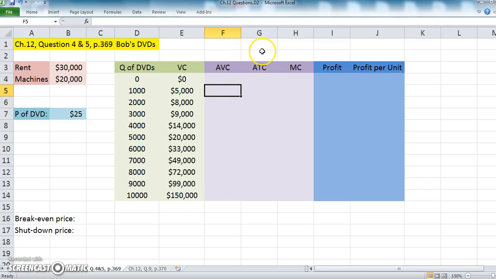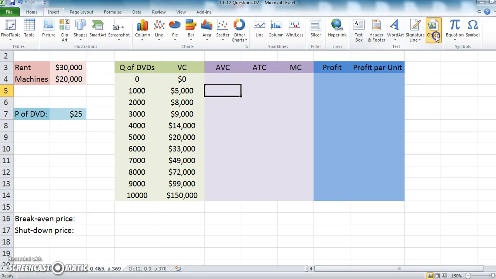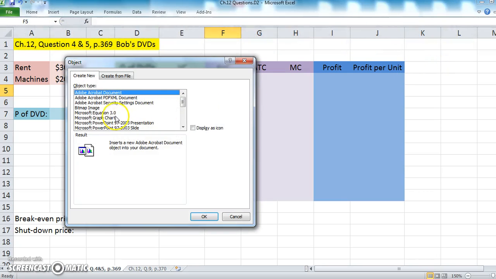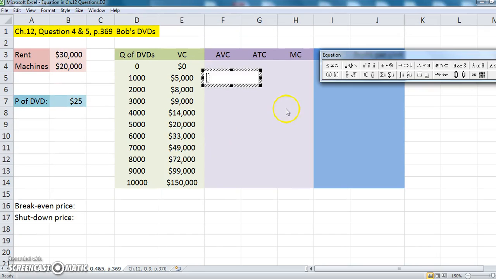And for the average variable cost, we know that the definition is just variable cost divided by quantity, right? So the AVC is equal to VC divided by quantity.